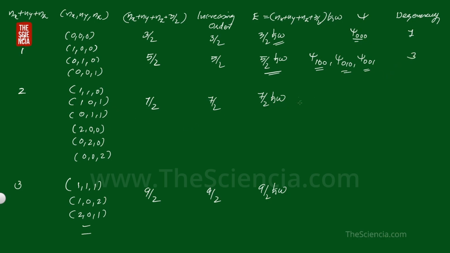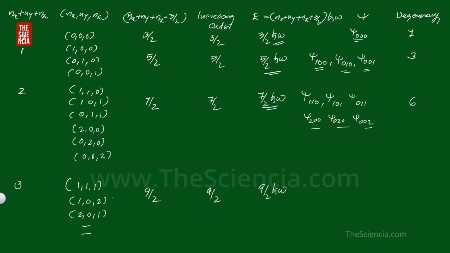And here there are psi 110, psi 101, psi 011 and psi 200, psi 020 and psi 002. 6 states having the same energy 7 by 2 h cross omega, therefore degeneracy is 6.